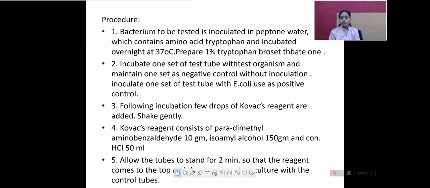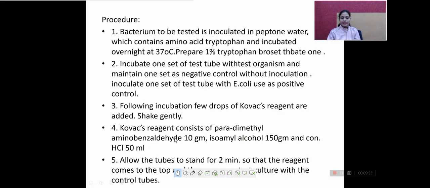And following incubation, a few drops of Kovac reagent are added. Shake gently. Kovac reagent consists of para-dimethyl amino-benzaldehyde 10 gram, isoamyl alcohol 150 ml, and concentrated HCl 50 ml.